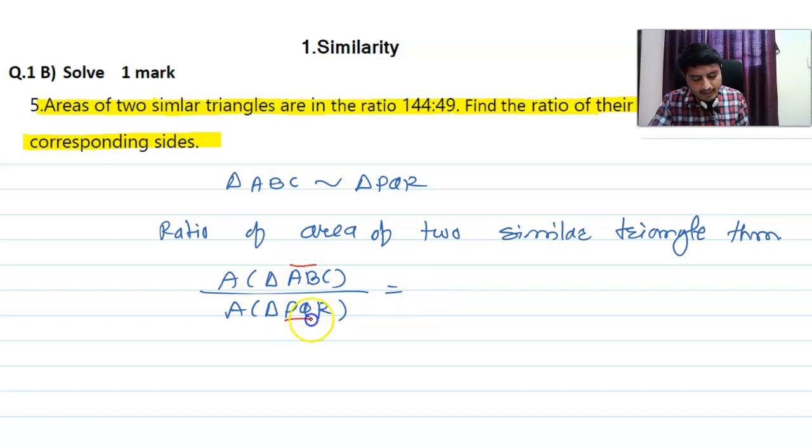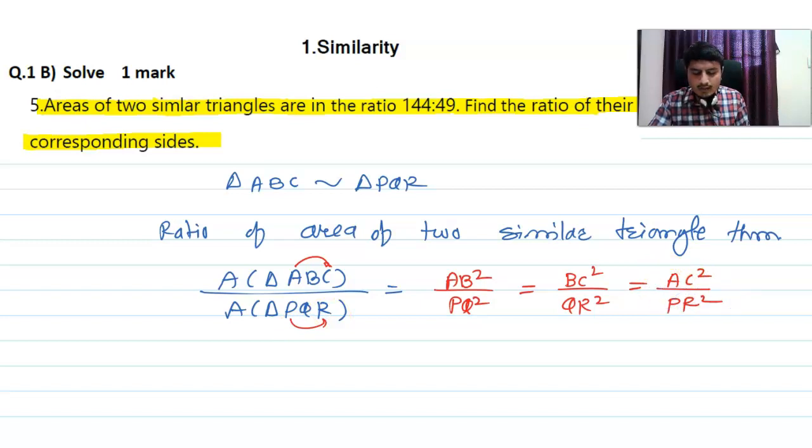Now AB corresponds to PQ, so AB square divided by PQ square equals BC square divided by QR square, and the third side AC corresponds to PR, so AC square divided by PR square.